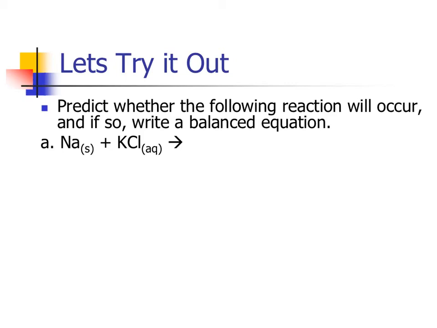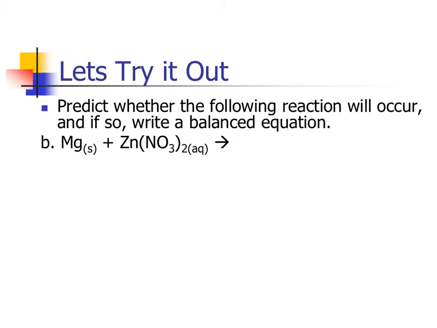Sodium cannot replace potassium in this reaction, and so what we end up seeing is just no reaction. It just doesn't happen. And so you're like, okay, that's lame. But this predictability allows us to predict a lot of things before they even occur, and then go into the lab.